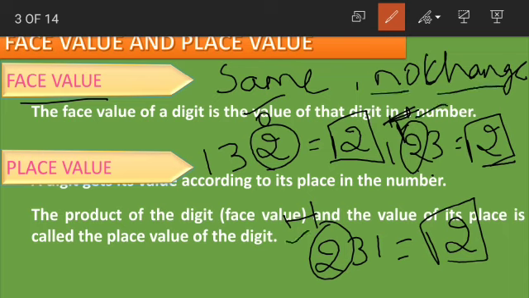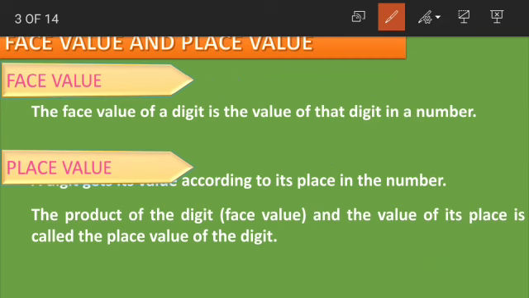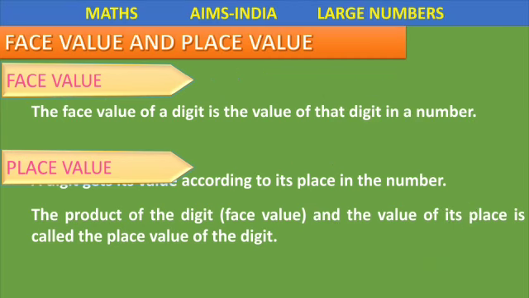There is no change in the face value. Clear, children? The face value of a digit is equal to the digit itself, and the place value of a digit changes according to the place it is in.